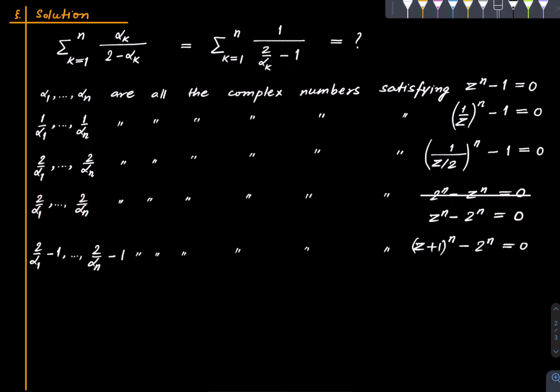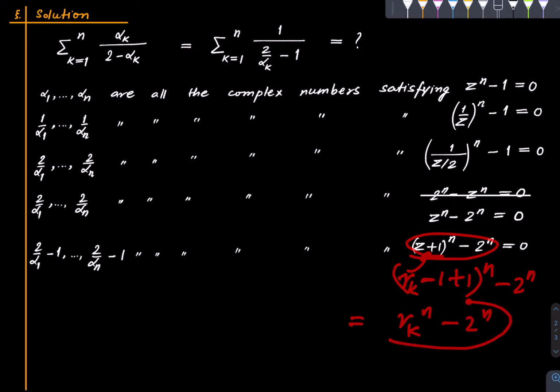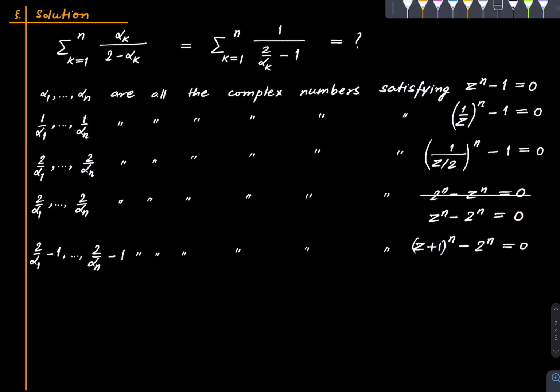And therefore, if you take γ₁ − 1, ..., γₙ − 1, they will satisfy this equation, because once you substitute γₖ − 1 in place of z, you get this expression, which is nothing but γₖⁿ − 2ⁿ, but γₖ was one of the things that satisfied this. So just make sure you understand this also.